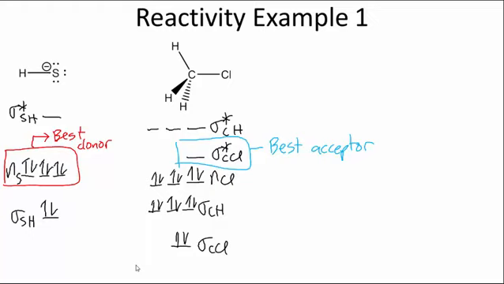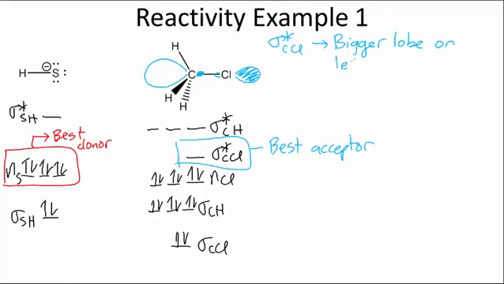It's going to have a lobe over here behind carbon, and it's going to have a lobe over here on the other side of chlorine. Something I pointed out a couple of lectures ago, before break, is that an antibonding orbital has the bigger lobe on the less electronegative atom.